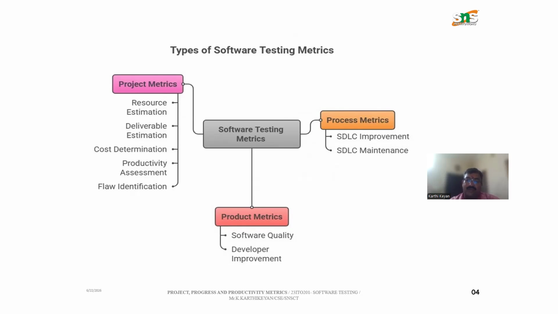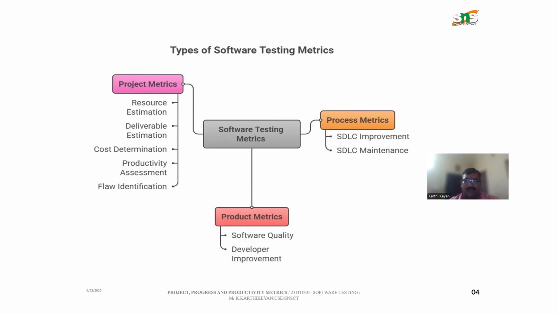Delivery estimation is based on cost estimation from start to end of a product: requirement, design, implementation, testing and maintenance. Cost determination: what is today's cost, tomorrow's cost, and the day after. Productivity assessment is based on criteria or test cases.